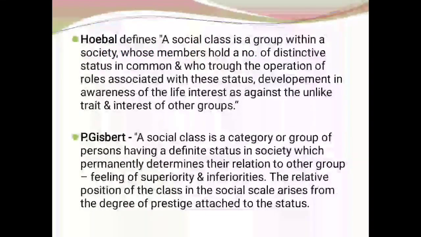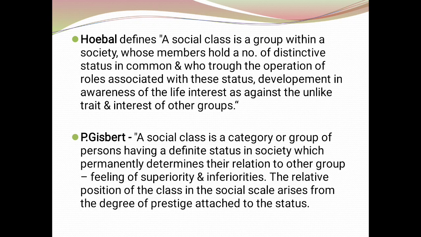The third is Hoebel, who defines a social class as a group within a society whose members hold a number of distinctive statuses in common and who, through the operation of roles associated with these statuses, develop an awareness of life interests as against the unlike traits and interests of other groups.